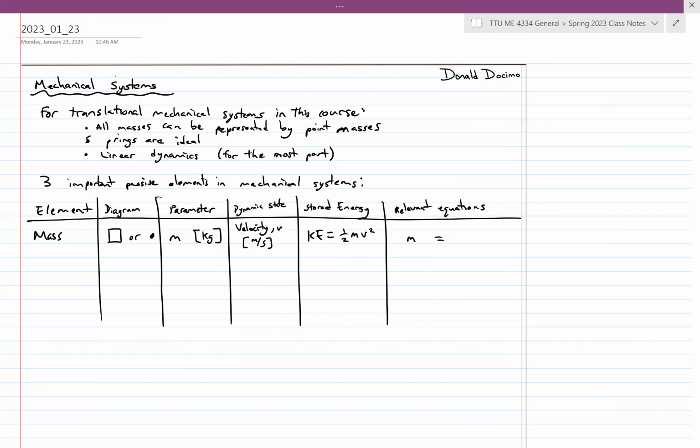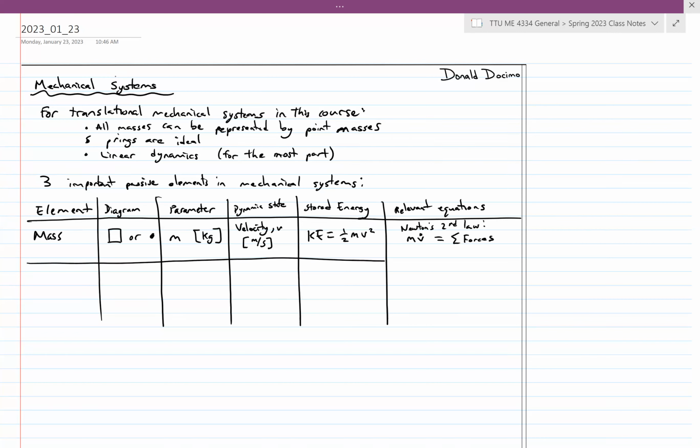Newton's second law, which is actually just a different form of the conservation of energy for a control volume. So instead of mass times acceleration, I'm going to write the derivative of velocity, the rate of change of our velocity or state, because that's what we're interested in when mass is its velocity. That's equal to the sum of our forces. All right, that's our first element.